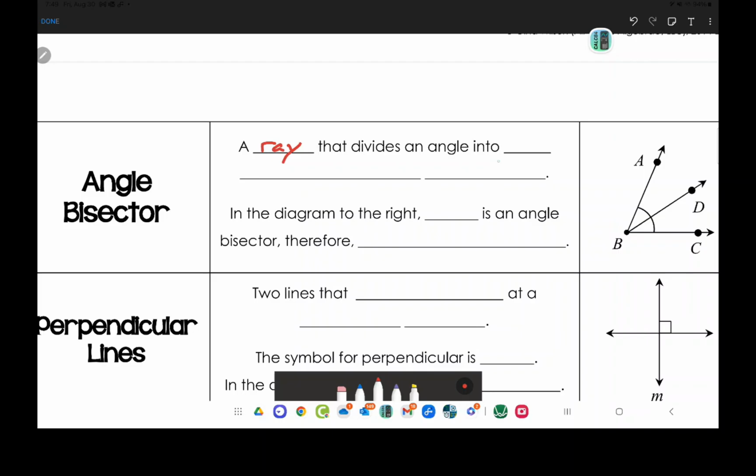In this case, it's a ray that divides an angle into two congruent parts, and that is an angle bisector. In the diagram to the right, the ray is BD, an angle bisector, therefore angle ABD is congruent to angle CBD.